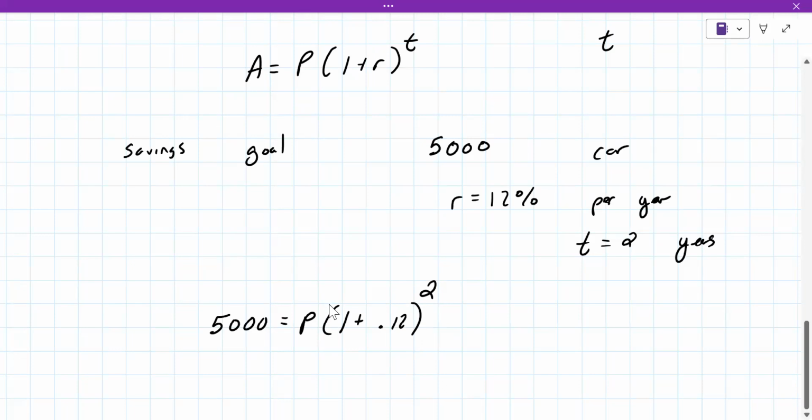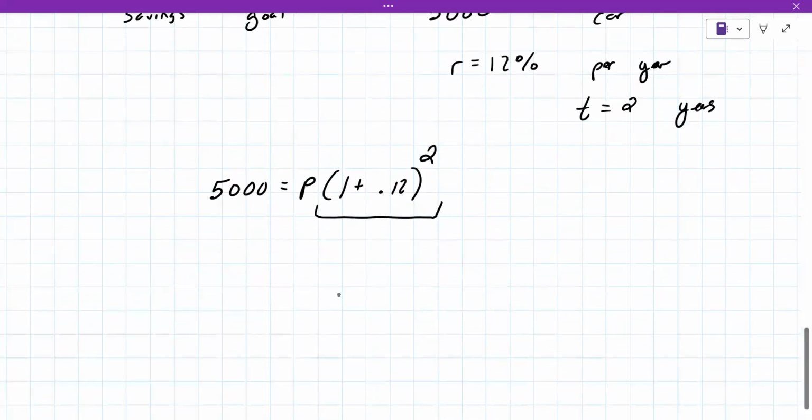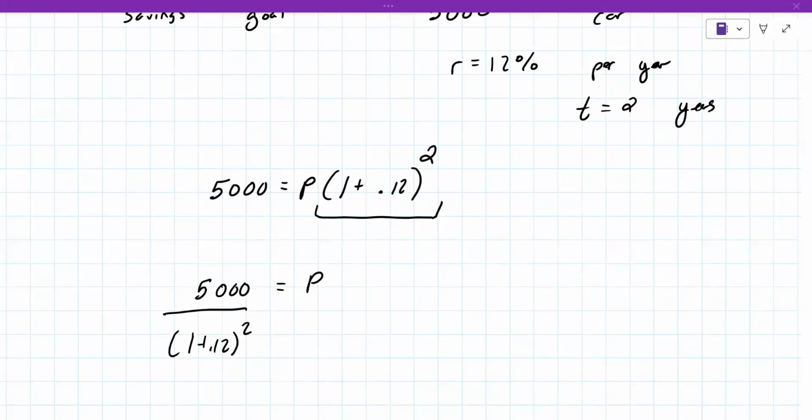To solve for P, you first have to calculate the thing on the right and then divide both sides by whatever that is. You can actually do it all in one step, meaning you can divide by 1 plus 0.12 to the power of 2. But if you're not comfortable with that, you can get that number over here. You know what I mean by that? Yeah. Okay. Could you attempt to solve this for P for us then?